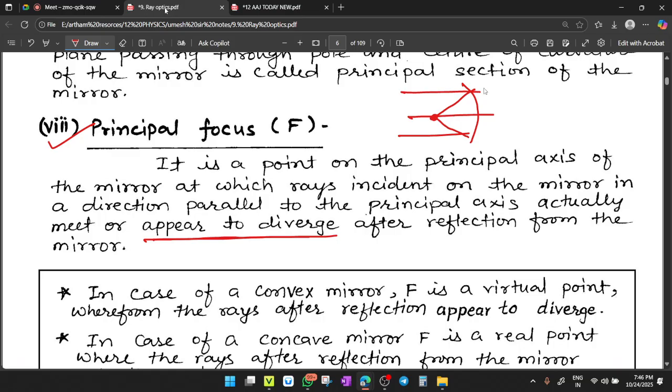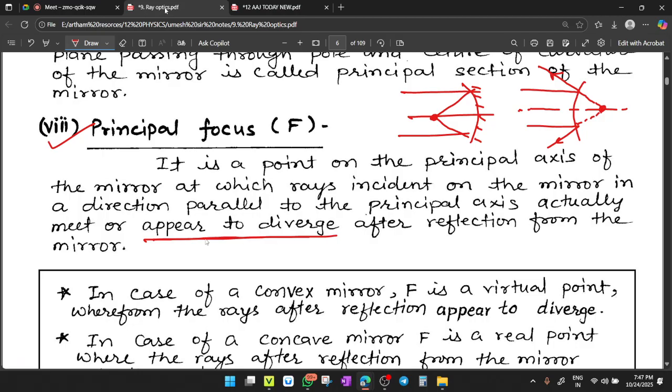First case, this is about the concave mirror. And second, if there is a convex mirror, then what will happen? The rays will be reflected out, they get diverged, and they seem to be coming from a point. Yes or no?